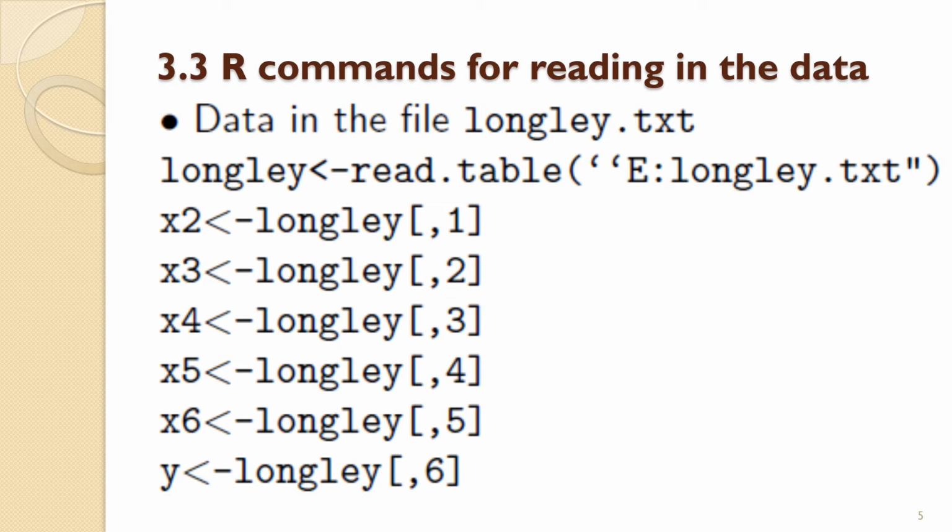Just to recap, if you save it onto a USB stick, you need to make sure that you have the drive letter correct. On my computer this was E, but on your computer you need to make sure that you have the right letter in this read.table command. It may not be E that you need when you do this on your own computer at home.